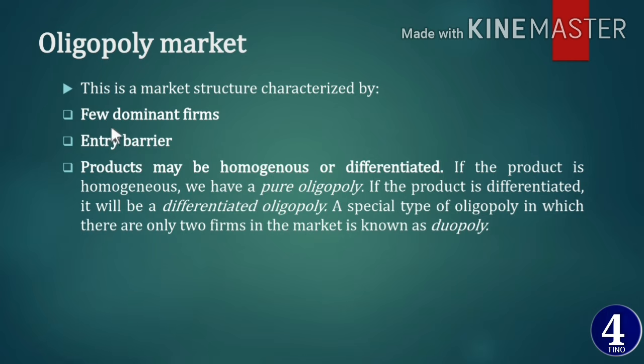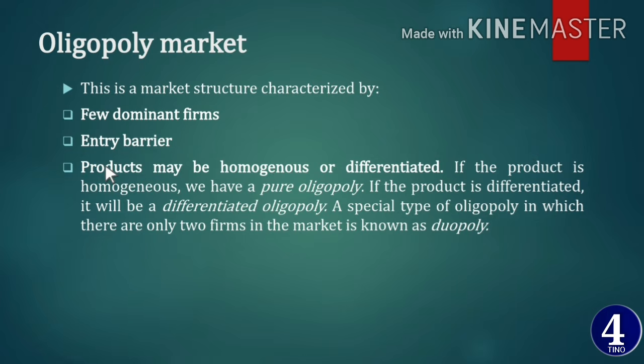So sometimes products may be homogeneous, or else, like in the automobile market, they will be differentiated. If the product is homogeneous, we say pure oligopoly. If the product is differentiated, it is a differentiated oligopoly.